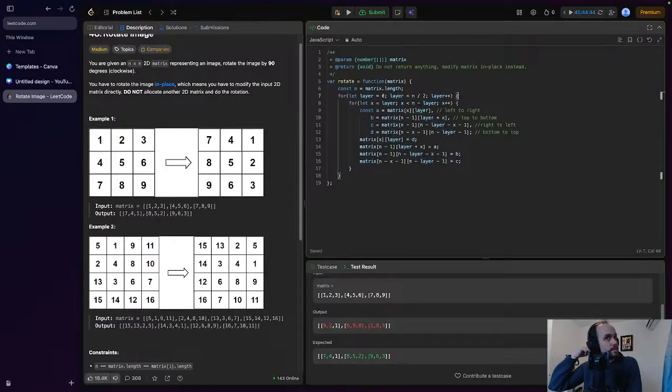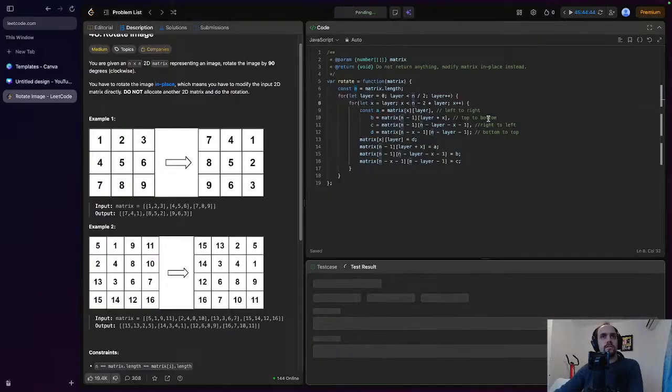So I still like the idea of layers. And I like the idea of X working within those layers. X is less than n minus layer. Actually, 2 times X. Let's try that, just in case it was that simple.